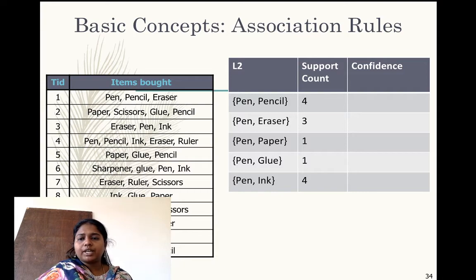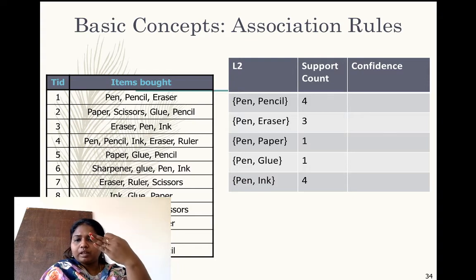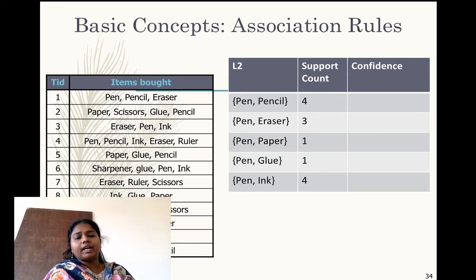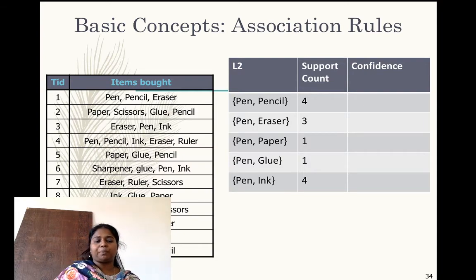How many transactions have pen here? Transaction ID 1, 3, 4, 6, 9, 10, 11 and 12. I've got 8 transactions in which pen is present, and out of that I have got 4 transactions in which pencil is also present.